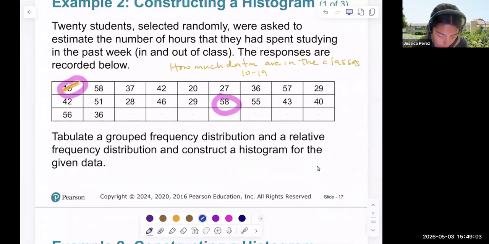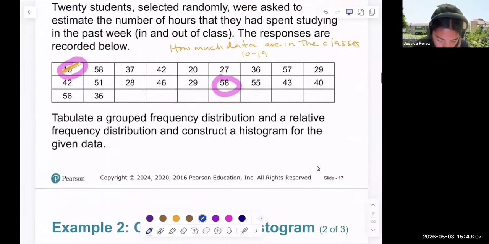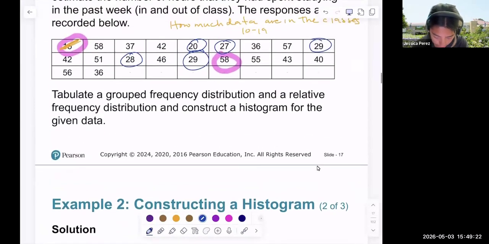So what about 20 to 29? So 20 to 29, I have 1, 2, 3, 4, 5. So 5 live in the brackets 20 to 29. How many do I have from 30 to 39? So different color. 30 to 39, I have a 37, I have a 36, and a 36.